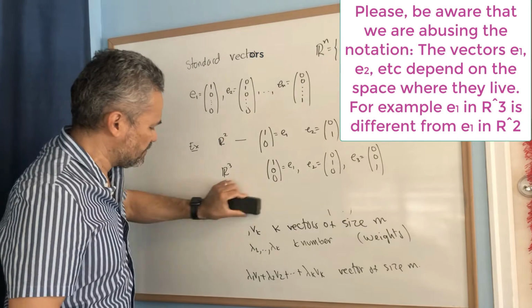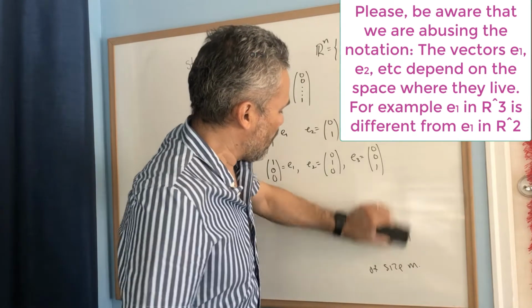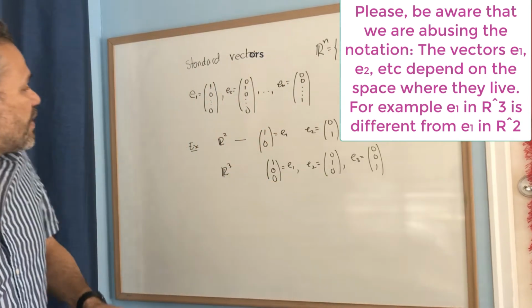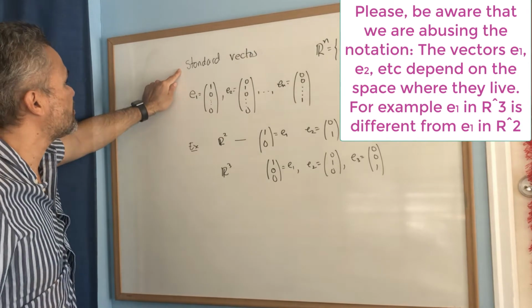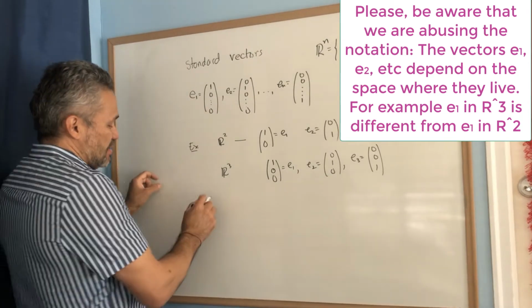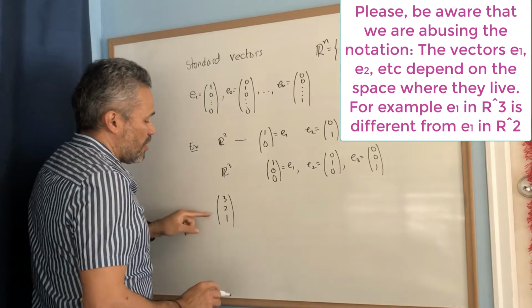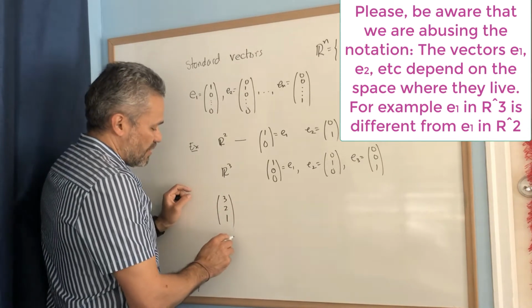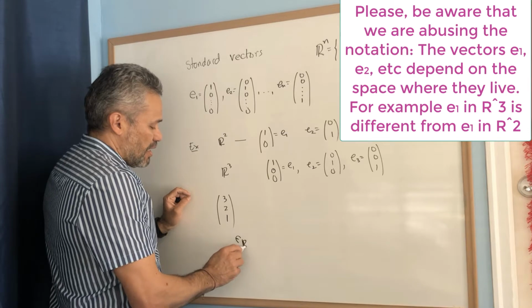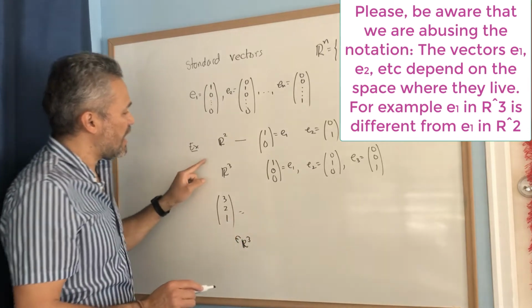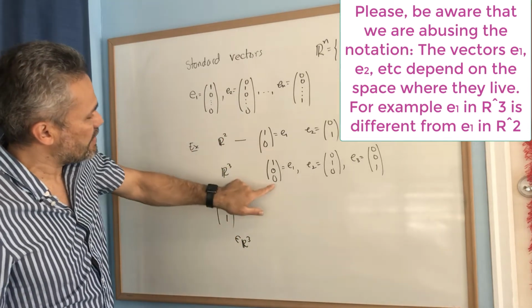Notice that we can connect the notion of linear combination with the standard vectors. For example, if we have the vector (3, 2, 1), this is a vector in R3, right? And I can write this vector as a linear combination of the standard vectors.